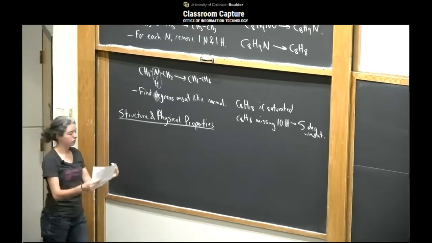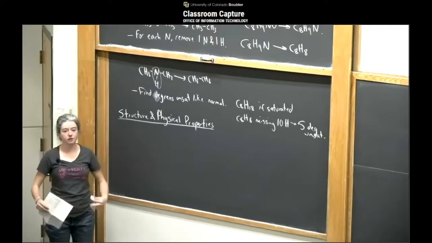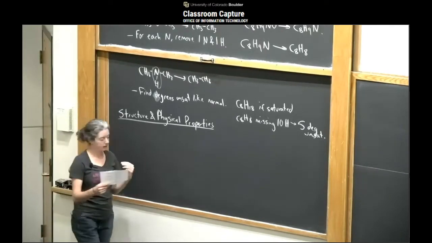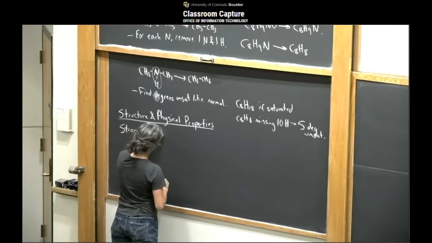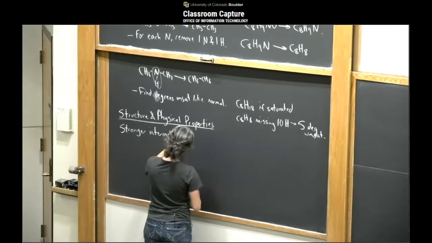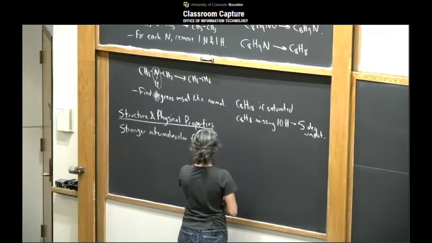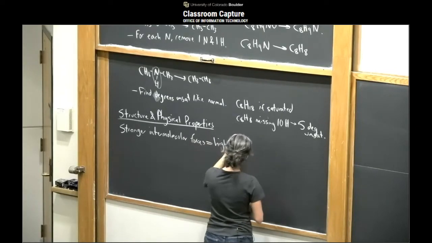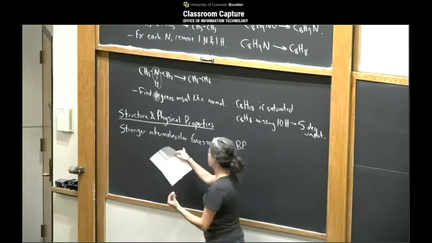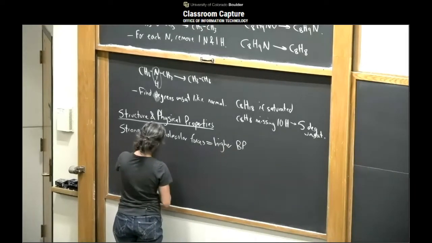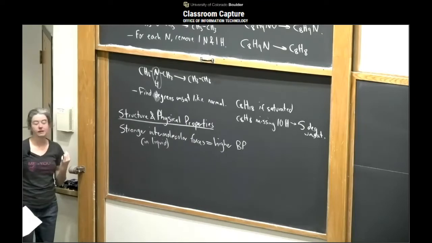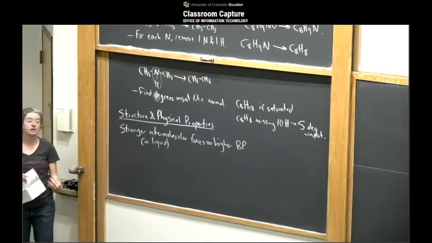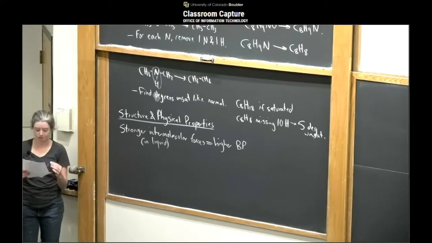So we know that no matter what the molecule is, stronger intermolecular forces always equals higher boiling point. I guess I should specify intermolecular forces in liquid form, which is what we're going to be in for most of this chapter. That's true no matter what we're looking at. The more strongly these molecules stick onto each other, the more energy you're going to have to pump in to make them let go of each other and go off as vapor molecules.